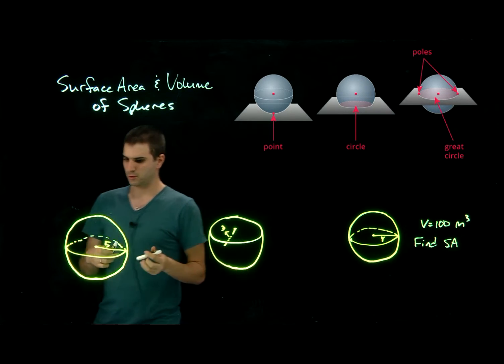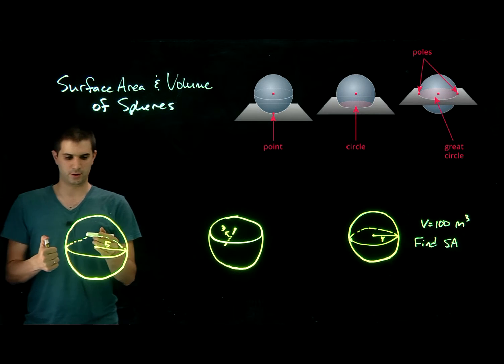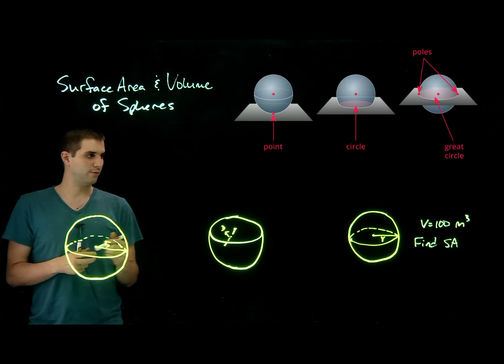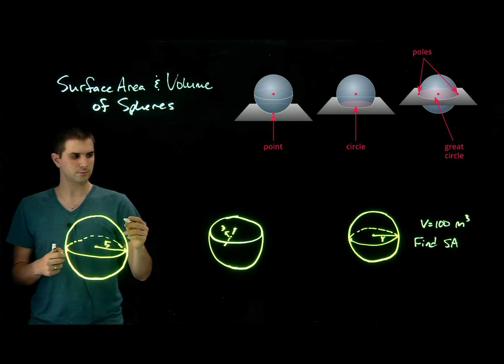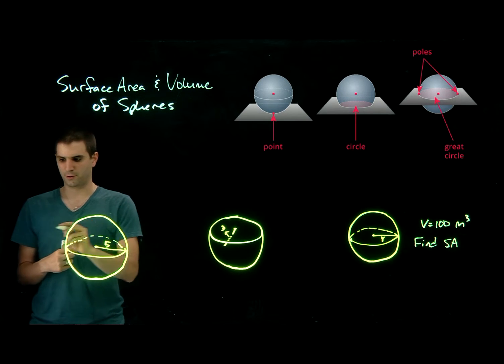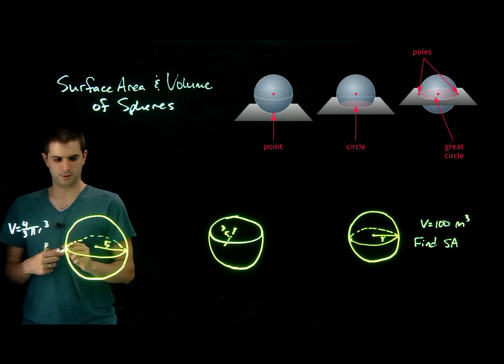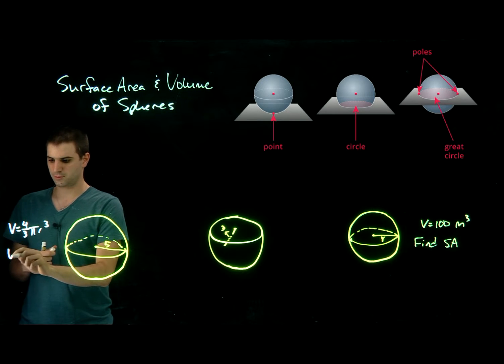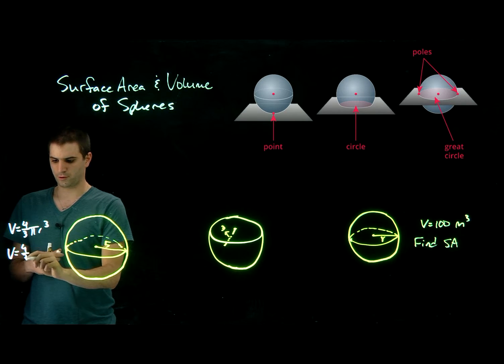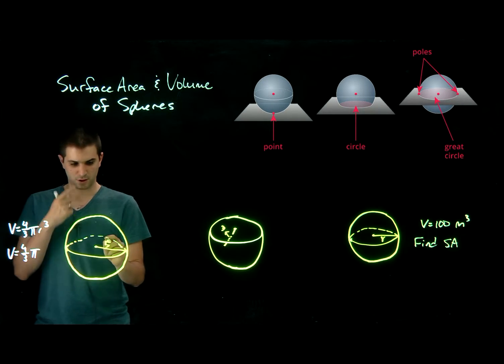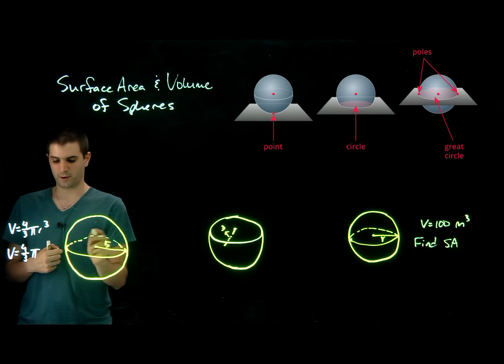Now let's move on to different problems. I want to find the volume and surface area of all of these objects. Volume first. Volume equals 4/3 pi r cubed, so that equals 4/3 pi times r cubed, which is 125.